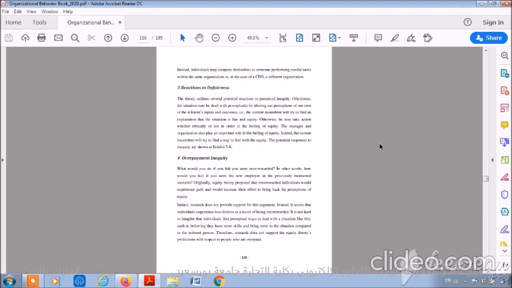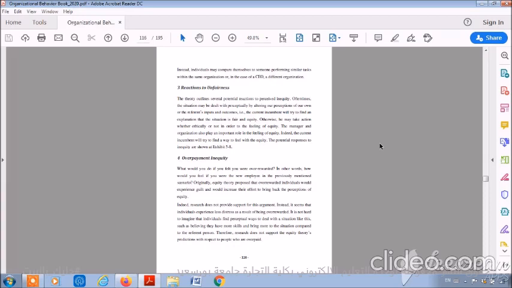The theory outlines several potential reactions to perceived inequity. Oftentimes, the situation may be dealt with perceptually by altering our perceptions of our own or the reference inputs and outputs.